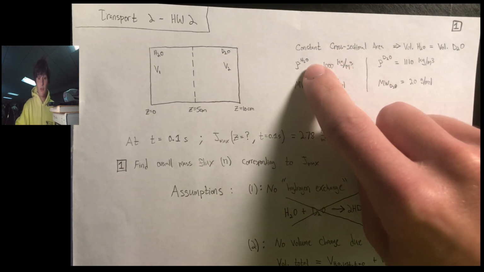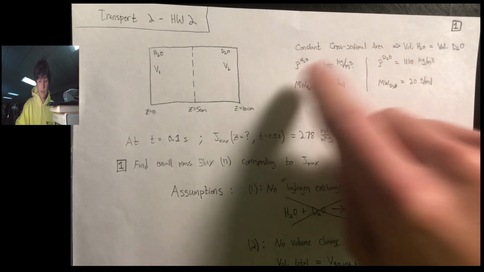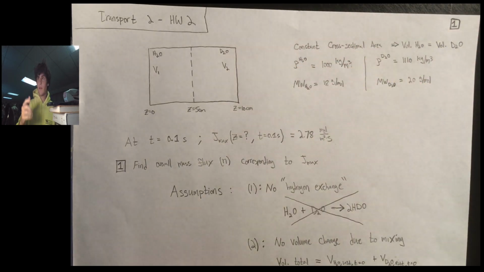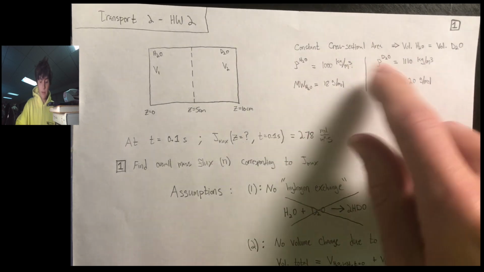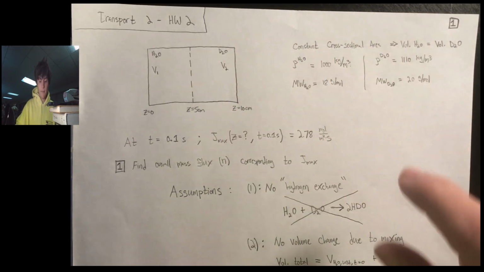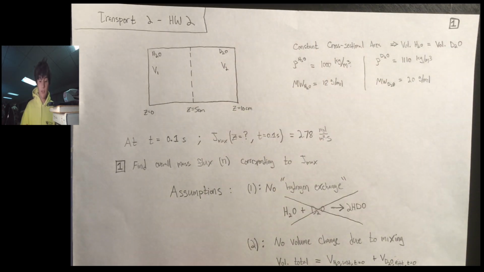And I'm using a superscript here to represent density, because pure component mass concentration or density is different than the mass concentration in a mixture.